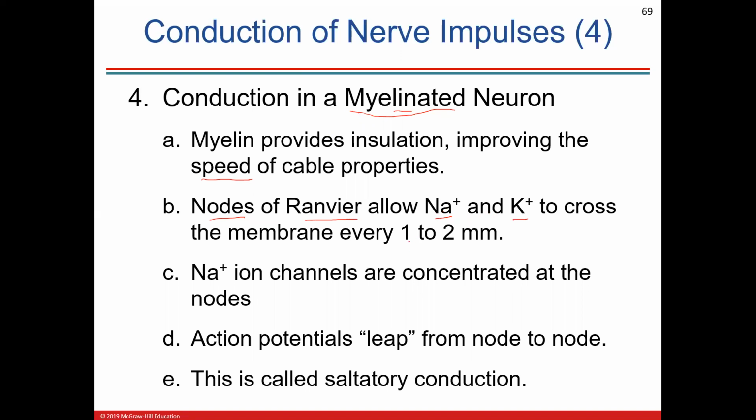So they kind of skip some axon space to go to the sodium-potassium channels, which of course increases depolarization and repolarization as you're going down to the axon terminal. So leaping or jumping from node to node speeds everything up, and this is what's called saltatory conduction. So when myelin is present, we have saltatory conduction, which of course is faster.